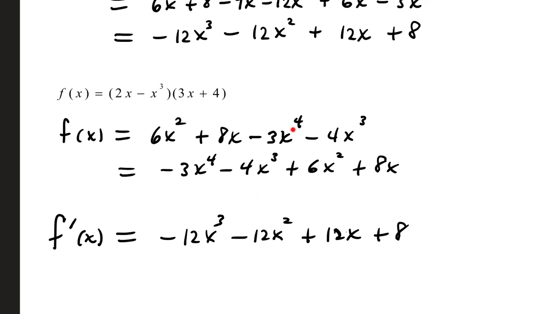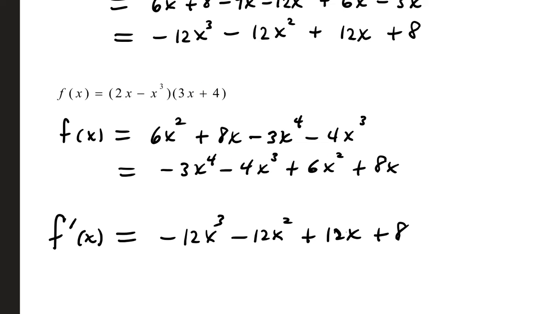There's only one x to the fourth term, make a copy. There's only one x cubed, only one x squared, and finally only one 8x or linear term. This is the product of those two terms.